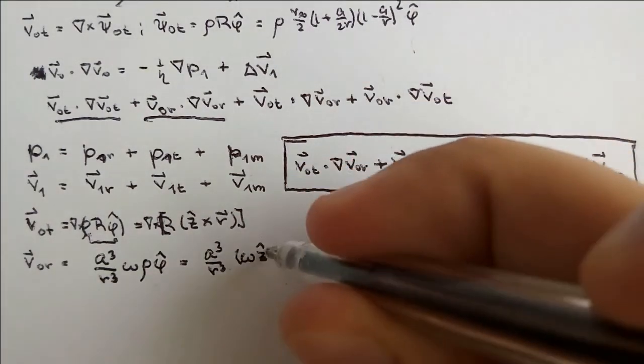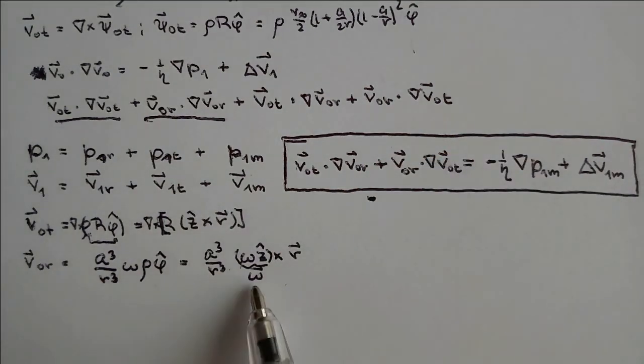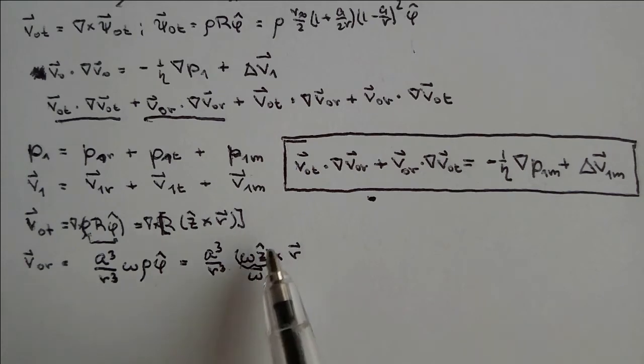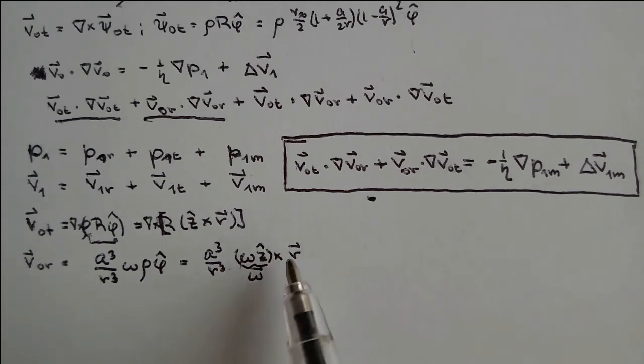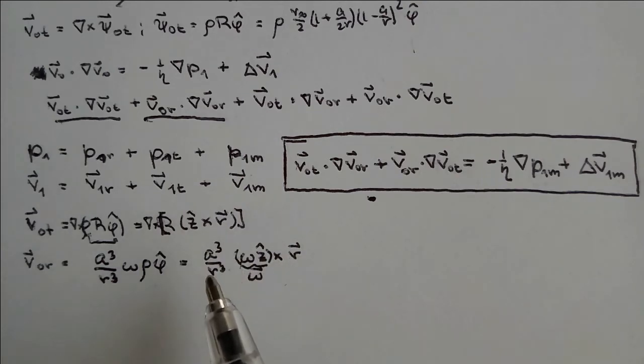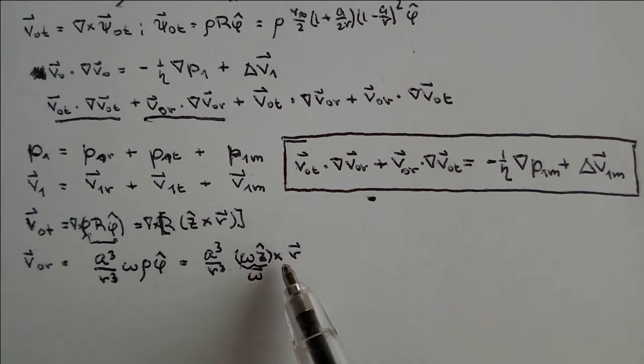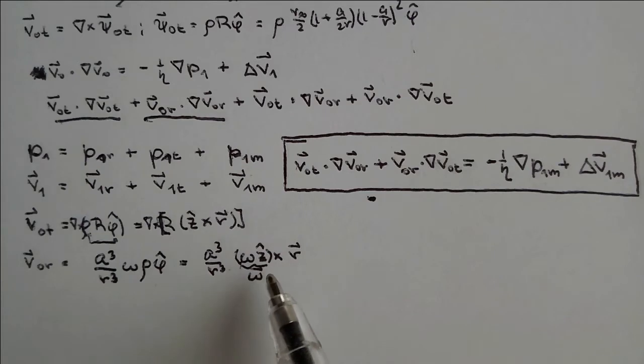If you combine this, you will get the phi vector in the direction of z vector, and this form will remain if vector omega is in a different direction. Why? Because this term does not depend on any coordinate which is not radially symmetrical, and this also is not depending because there is r, so the only dependence is from this vector.